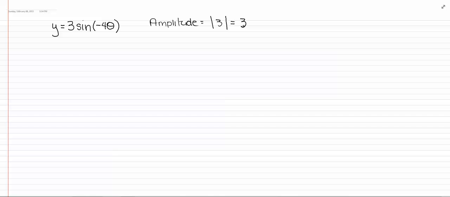Our period, and before we even get to that, because of the negative in there, we can remember maybe from class that we had talked about odd and even functions, or origin symmetry and y-axis symmetry. Sine is an odd function.